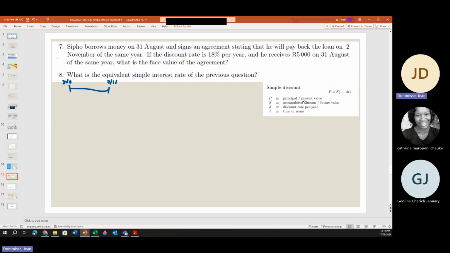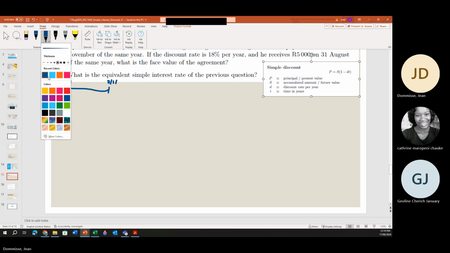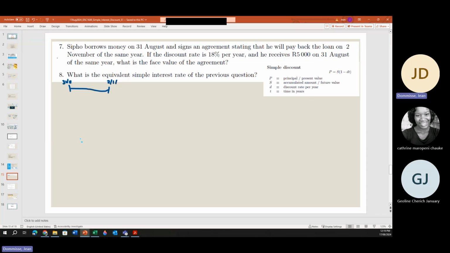Okay, so let's see what is important. Okay, so the formula of the simple discount: B is equal to S times 1 minus dt.